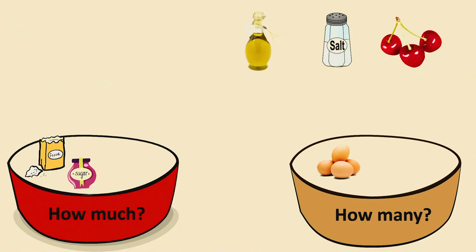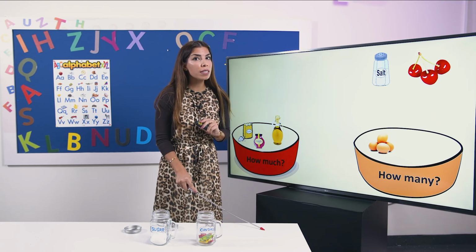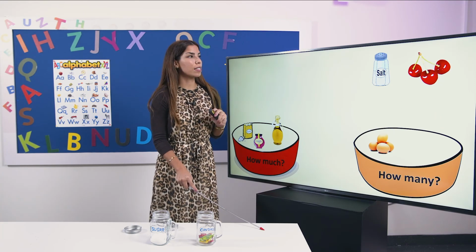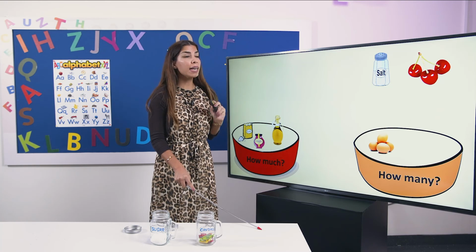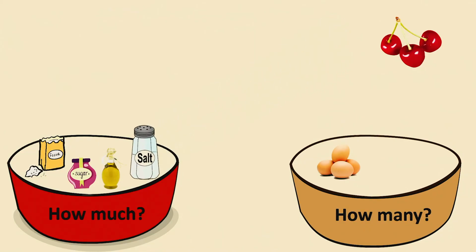Excellent. How much? Because oil is also uncountable. What about salt? Can we count the salt? Of course not. So salt is uncountable. And we ask, how much salt do you need for your cake?